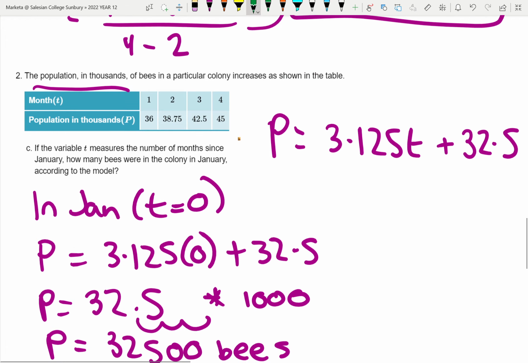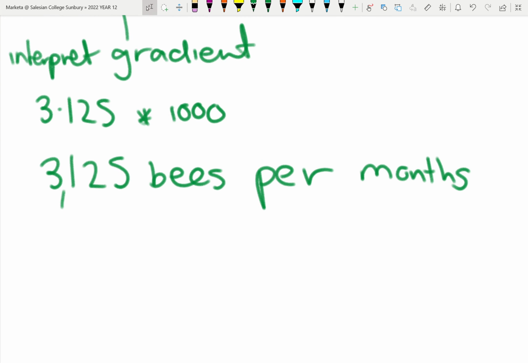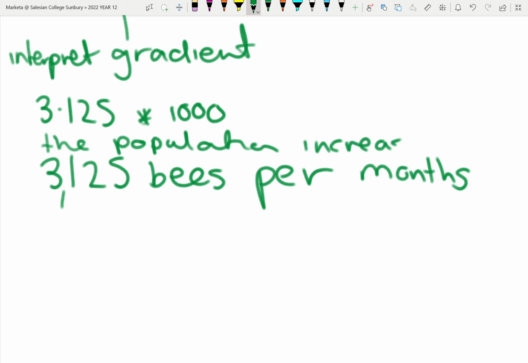And if you look at the graph that we drew up there, that's obvious because we've got a positive slope or a positive gradient there. So we can say the population increases by 3,125 bees per month, and that would be our answer.